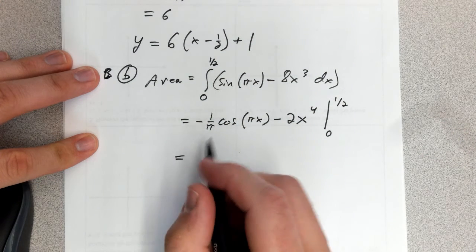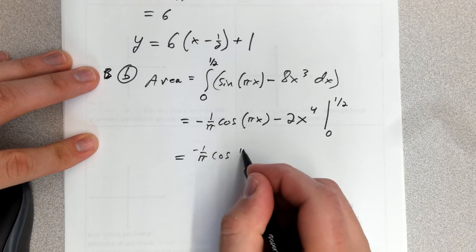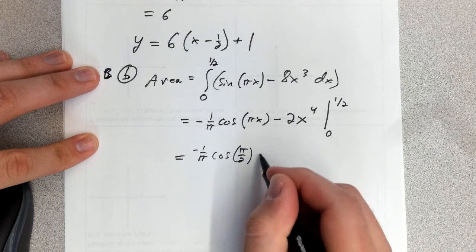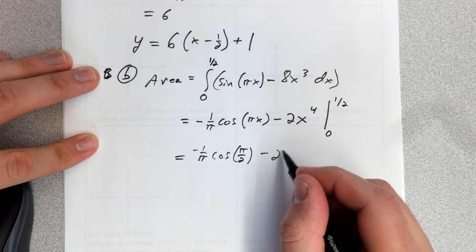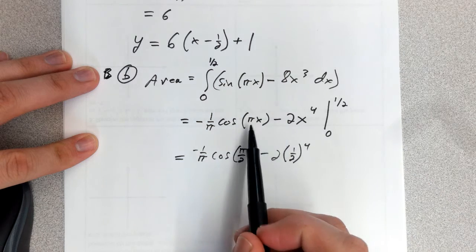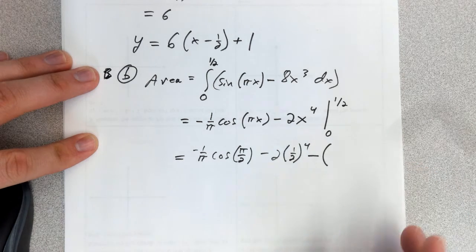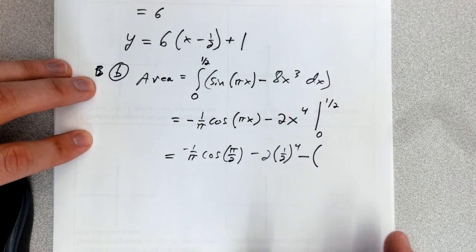So when you plug in 1/2, you get negative 1 over pi times cosine of pi over 2 minus 2 times 1/2 to the 4th. And then minus whatever's left when you plug in 0.